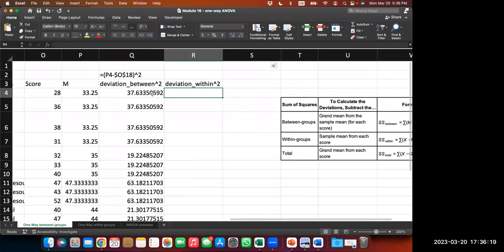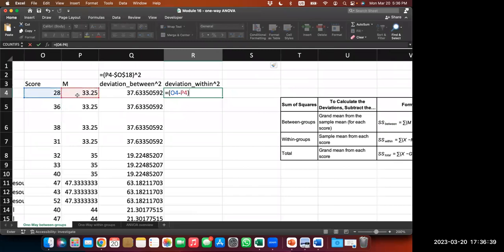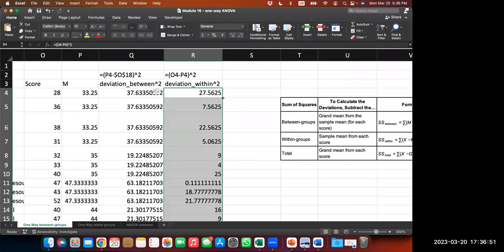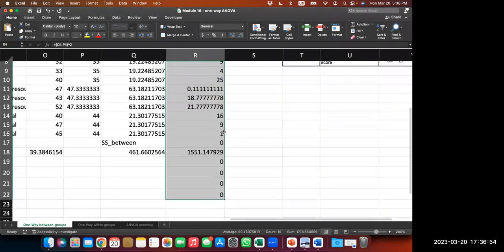We have an M, which is column P, and we have an individual score. So the calculation of the individual deviations is basically X, that's the score, minus our M, squared.